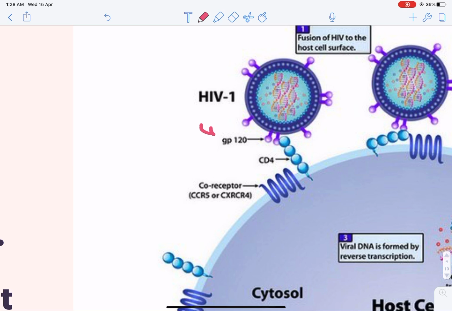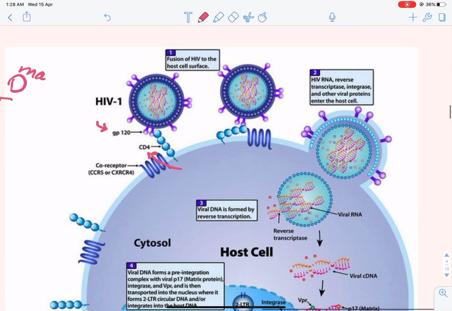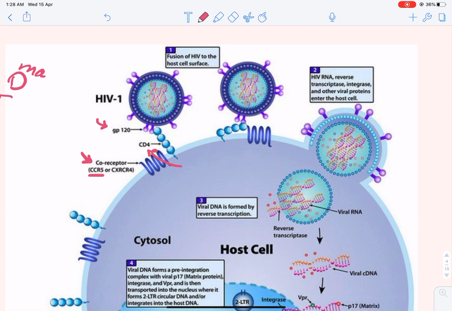This virus has the gp120 protein on its surface that will bind and target the cells that have the CD4 molecule on their membrane, including macrophages, dendritic cells, and T cells. They also need a co-receptor called the CCR5 receptor to maintain the virus entry into the host cell.